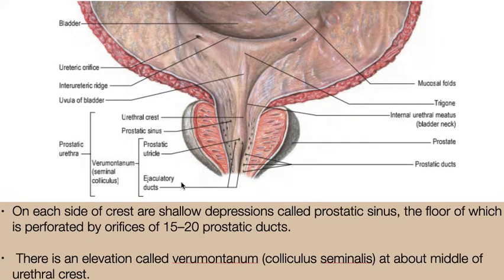Now, there is an elevation called the verumontanum. This is verumontanum, also called the colliculus seminalis, at about the middle of the urethral crest, containing openings of the prostatic utricle and the ejaculatory ducts.